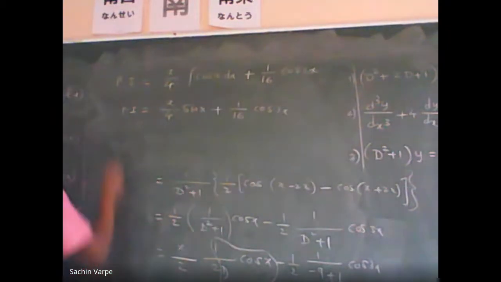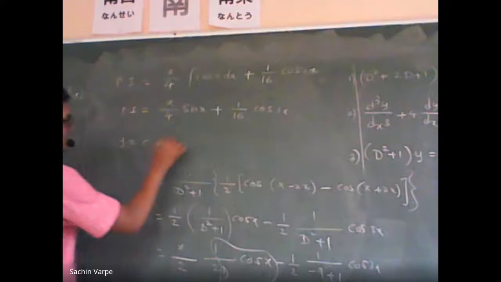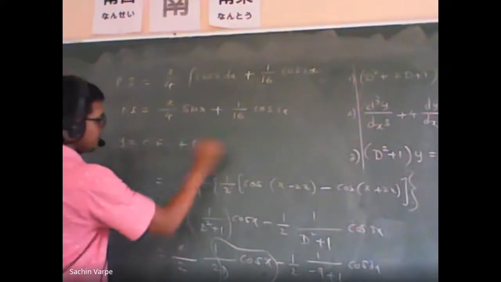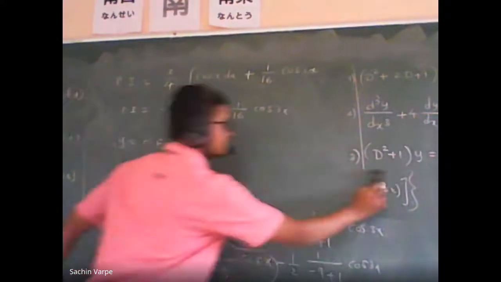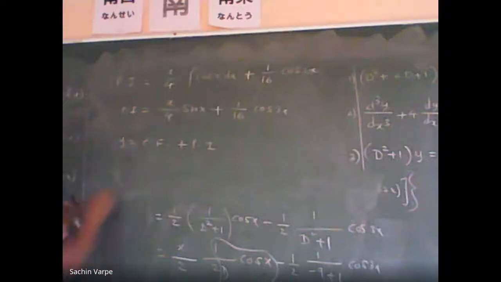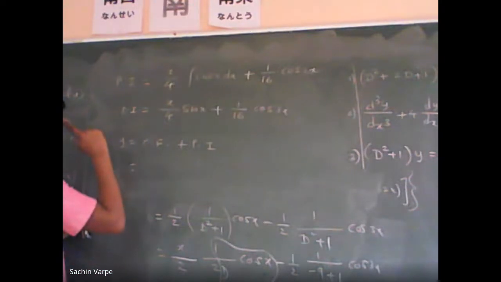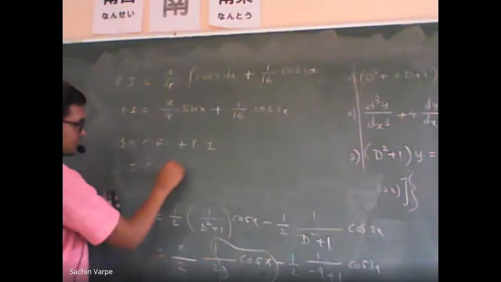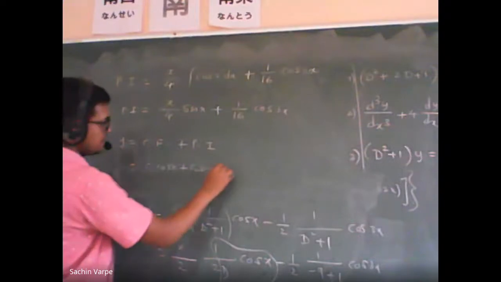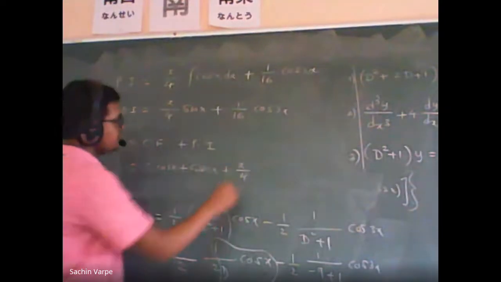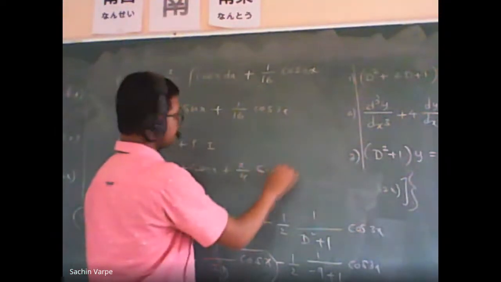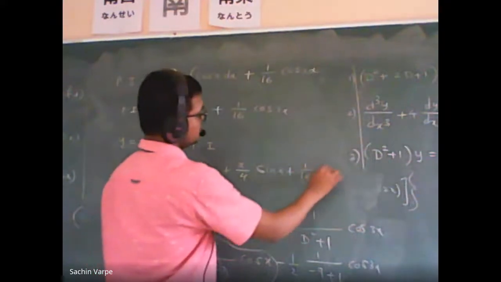So therefore, the general solution is y is equal to CF plus PI. So that is equals to CF is C1 cos x plus C2 sin x plus x by 4 sin x plus 1 by 16 cos of 3x.